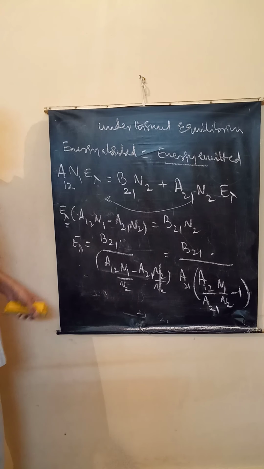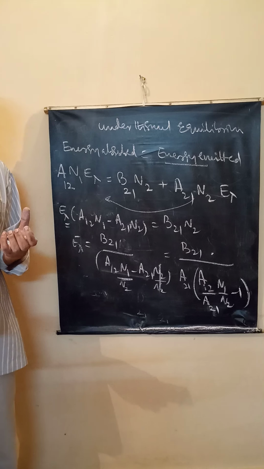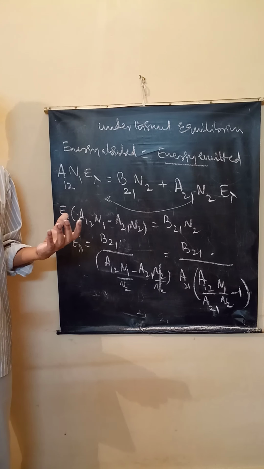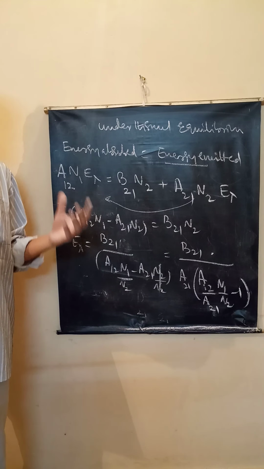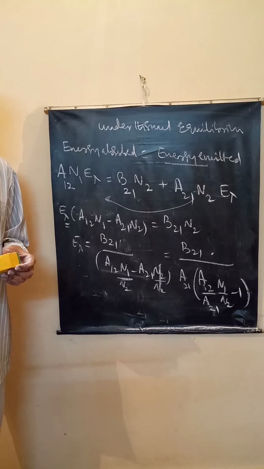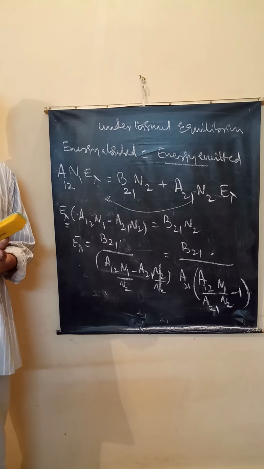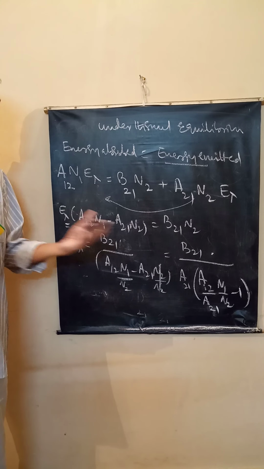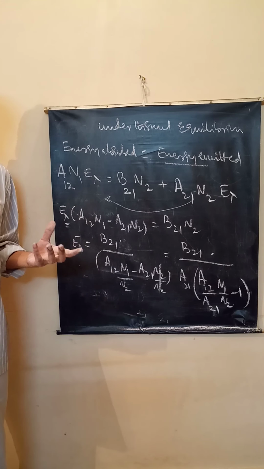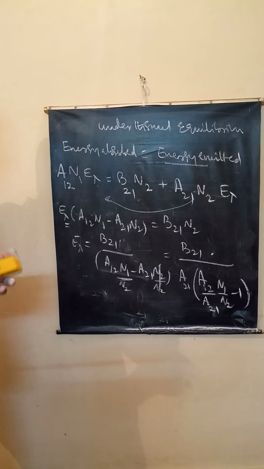Now I will equate this energy density with the energy density of the black body radiation, assuming that there is a laser discharge tube in which all these processes are happening, assuming there is a thermal equilibrium, and that it acts like a black body. Correct? The atoms at high temperature absorbing energy and emitting energy are behaving like a black body. So what is the expression for energy density in a black body according to Planck's law?